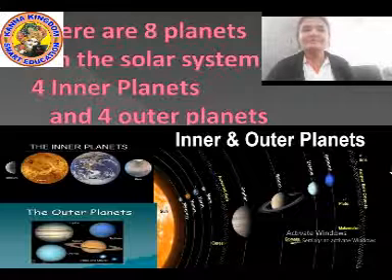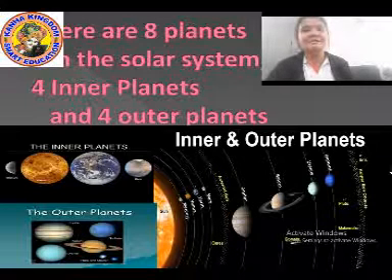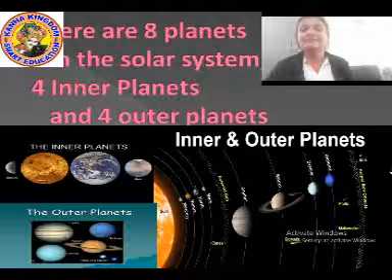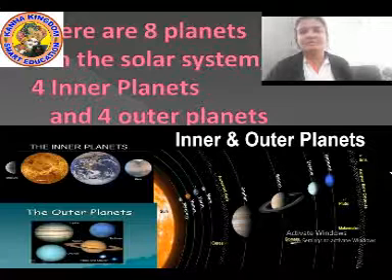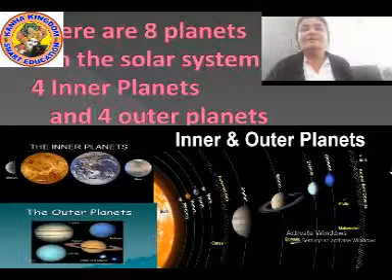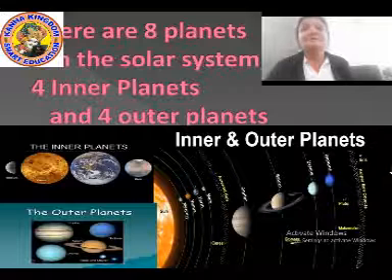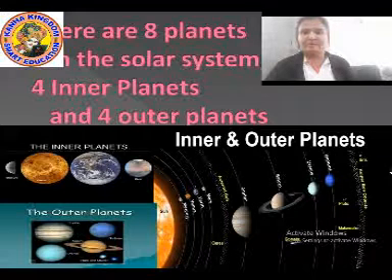So, the planets inside the asteroid belt near to the Sun are the inner planets, and the planets outside the asteroid belt are far from the Sun and they are the outer planets.